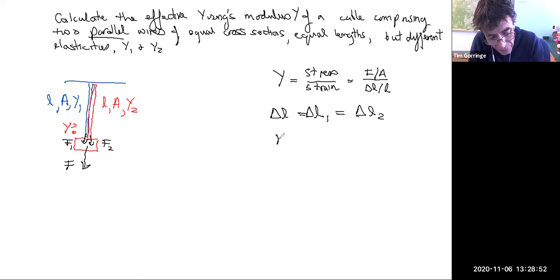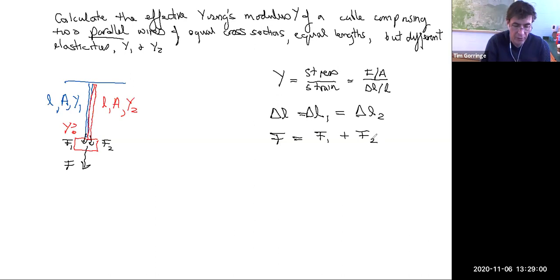So the idea is that the total force on the cable is the sum of the individual forces on the individual wires that make up the cable. Okay, so I'm going to take this understanding of the situation, and again fill in the relationship between stress, strain, and elasticity. And I'm going to work with the force equation here.